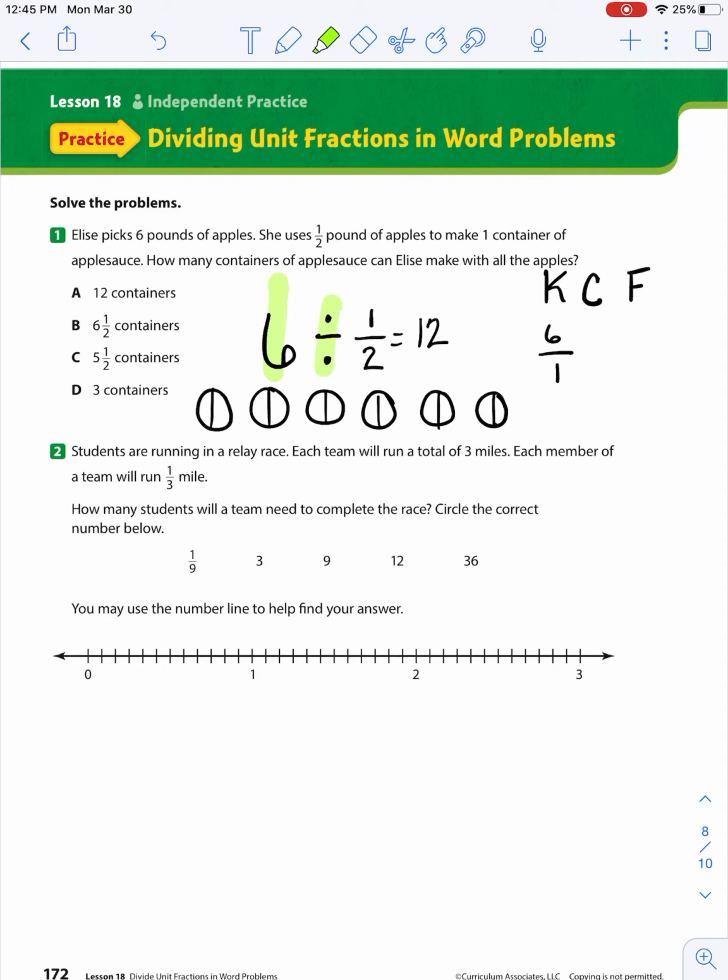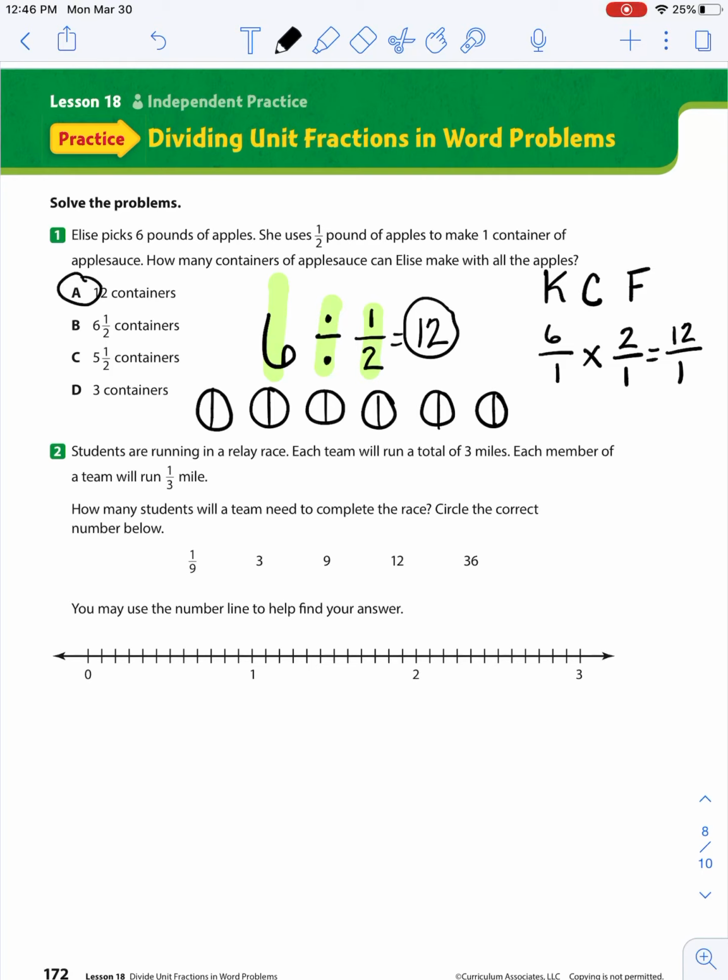We change the division sign to a multiplication sign, and we flip the last fraction, or what we would say inverse. So we're going to flip that around to make that 2 over 1, and then we multiply. And we find that 12 over 1 is the same thing as 12 wholes. So we've just checked our answer. So your answer is A.